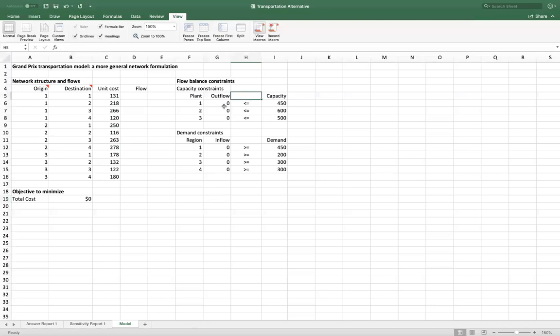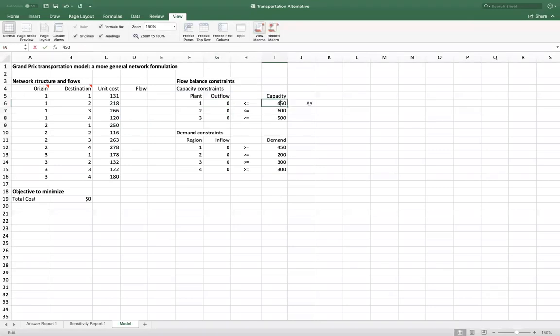So here, the first constraint was about the capacity of each origin node, right? This tells us the outflow from origin 1, because origin 1 to destination 1, origin 1 to destination 2, origin 1 to destination 3, origin 1 to destination 4, they're all flows out of origin 1. So the summation of this is going to be the total flow out of origin, right?